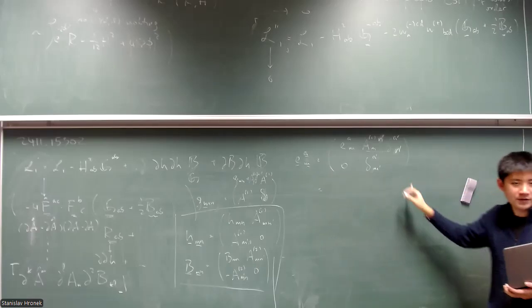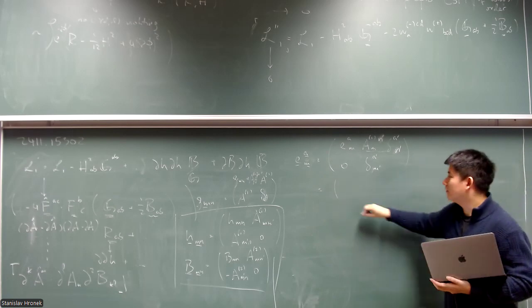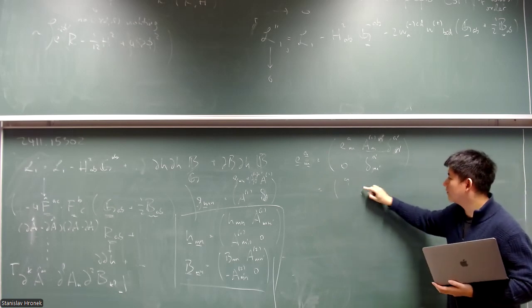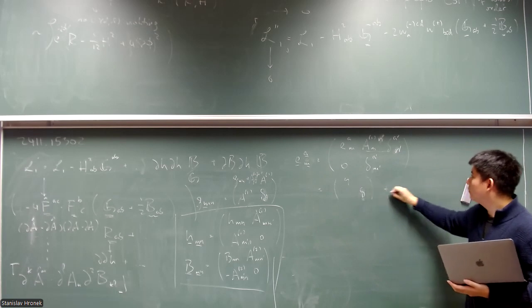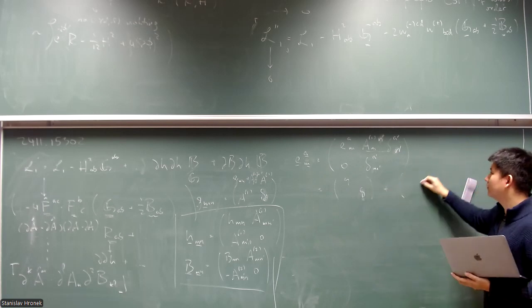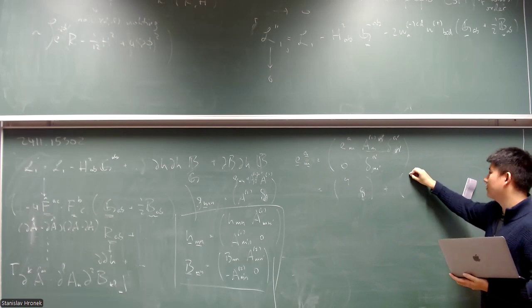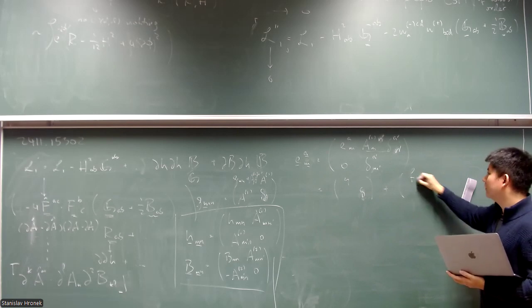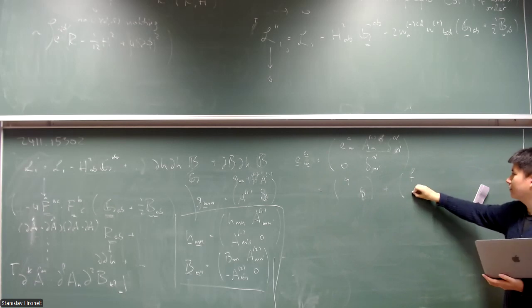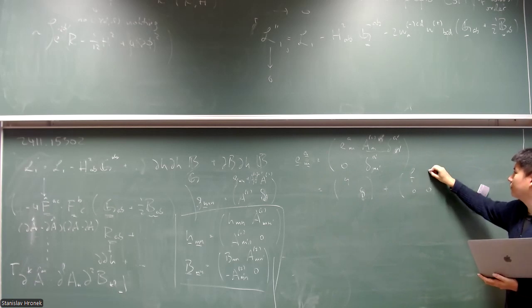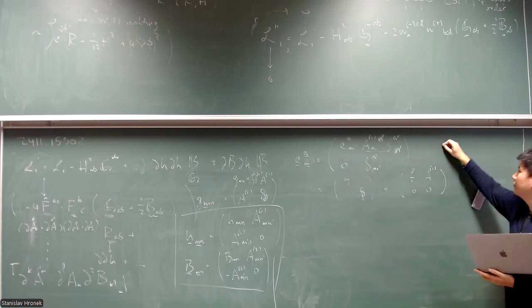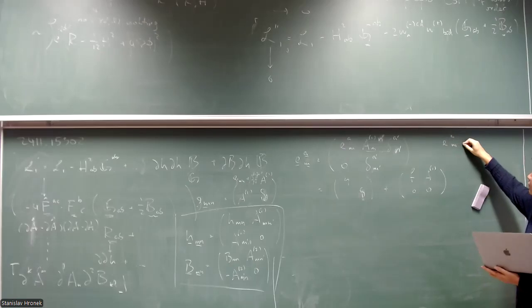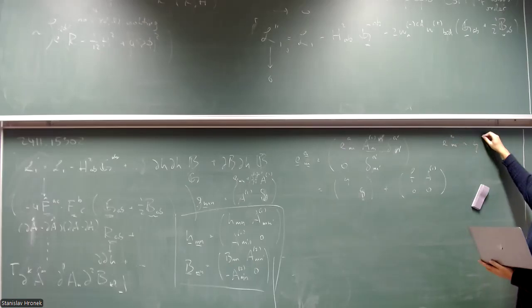Now you can linearize vielbeins as well. Like doing something like, let's call it F. So I simply assume this one as delta.